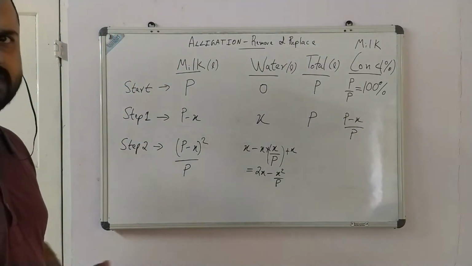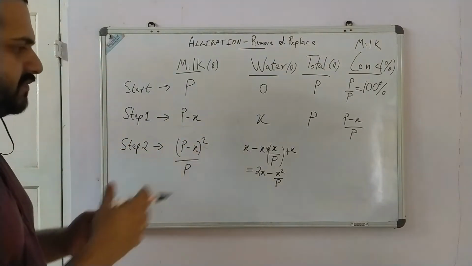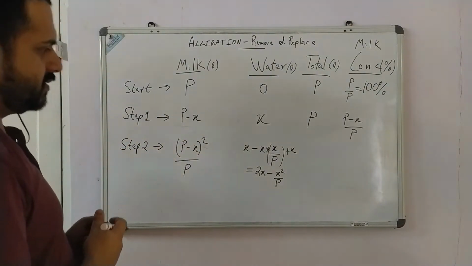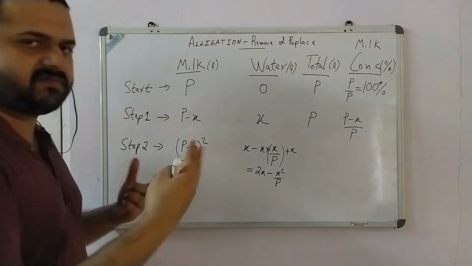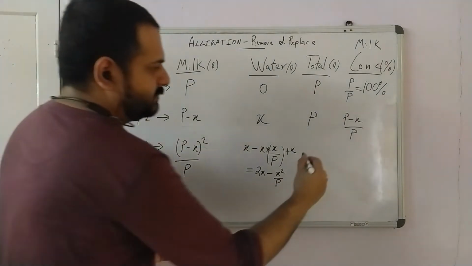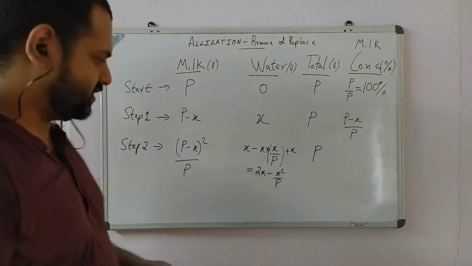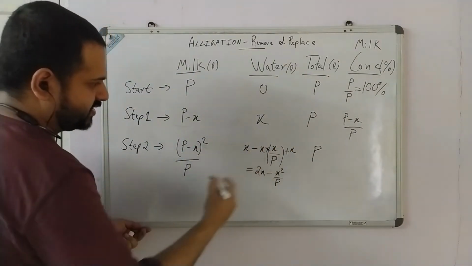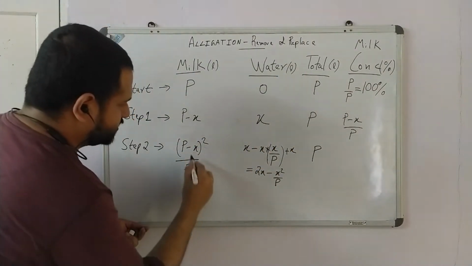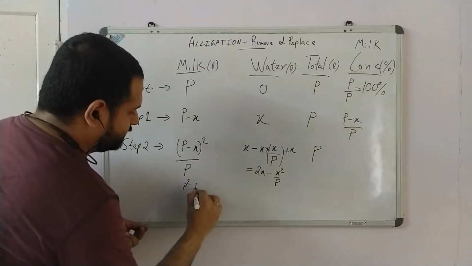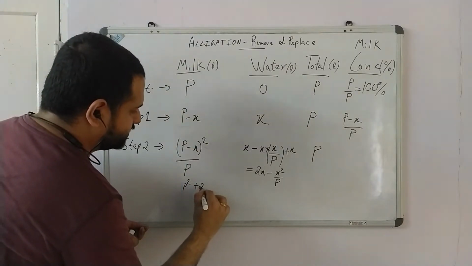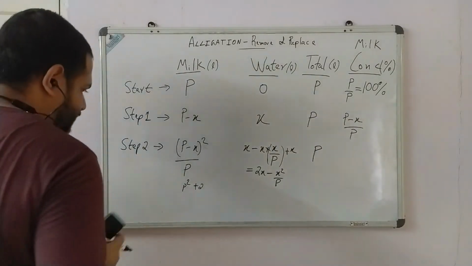Understood this concept? Fairly simple, right? It's just similar to what we did with milk. Now, obviously the total volume remains same, which is p, right? Because we're just removing and replacing. If you have a doubt, you can please try and add both these and see, right? So what is this? Again, p square plus x square, right?